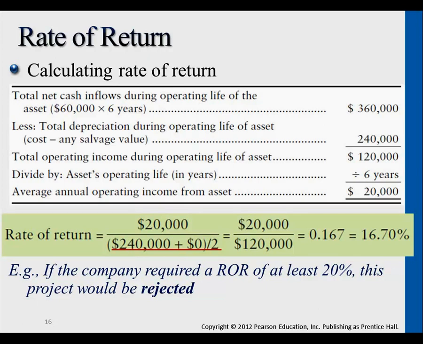Go back. Do you see how you multiplied 60,000 times 6 years? Yeah, I see what you're saying. Because if you don't do that for the problem that we're doing now, you're going to come out with a negative number. I absolutely agree with you. It should be multiplied by 10.